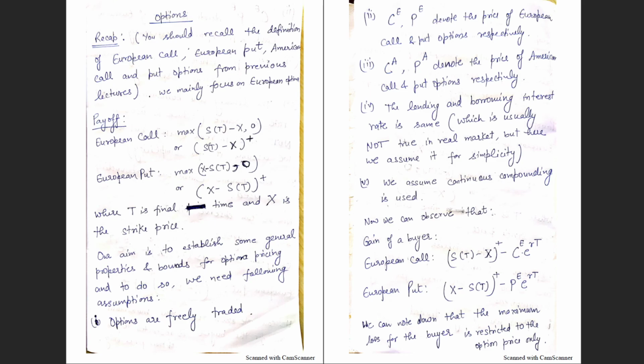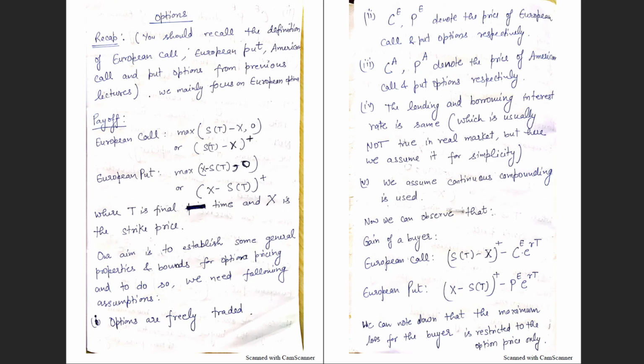We have studied continuous compounding in very great detail. So now we can observe what will be the gain of the buyer, right? The gain of the buyer is the maximum of ST minus X comma 0, minus CE e to the power rT. Why CE?